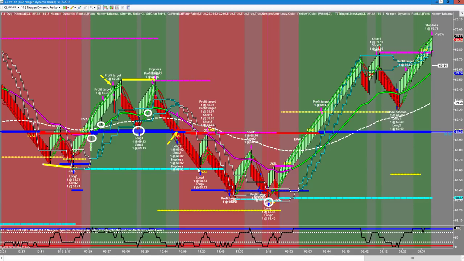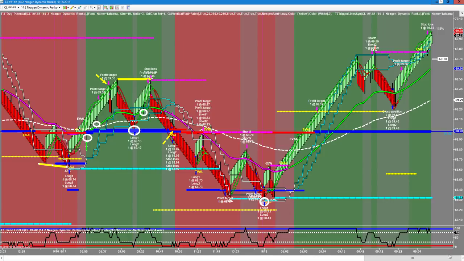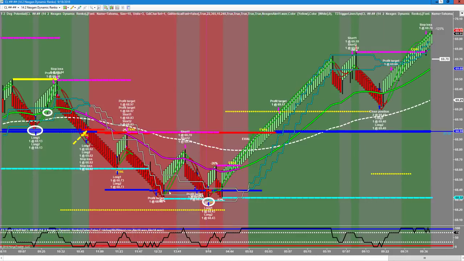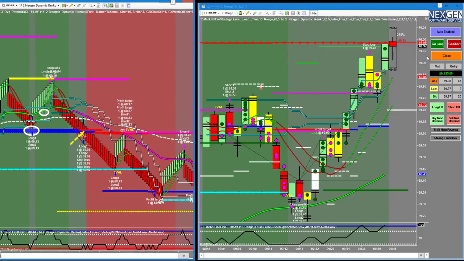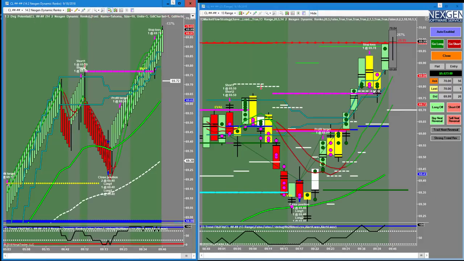Again, here's a loss. A little pivot stop out, but against the trend. And again, look, this is where we make it down to support, a second attempt at it. And then from above the triggers, we make a reversal. And again, we got one more trend trade to the upside. And again, I guess we made it to our fib, but that's okay, right?